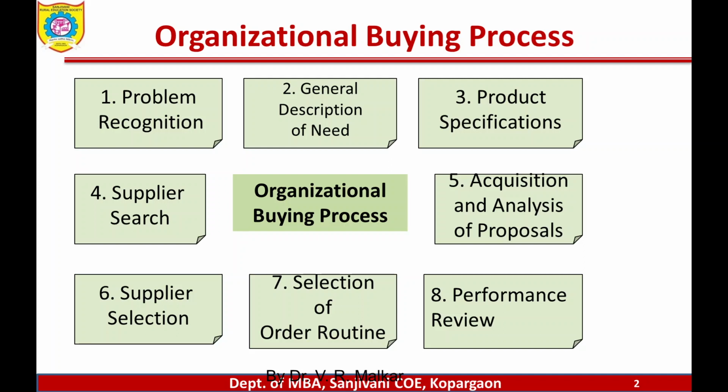So every organization has a certain requirement to solve their problems. It may be of production or it may be of finished goods. Whatever the problems in front of them, they recognize the problem, what kind of goods they require, what kinds of parts they require, what kinds of raw material they require. That is nothing but problem recognition or need recognition.